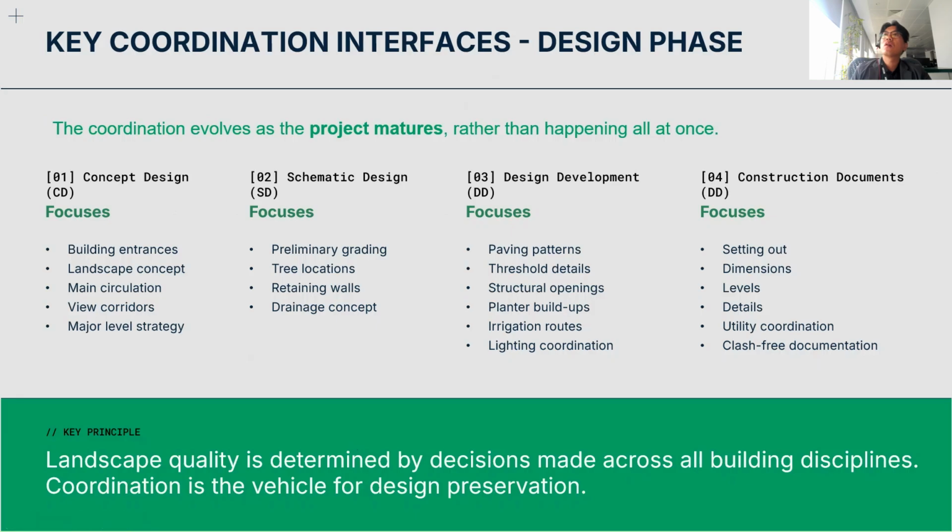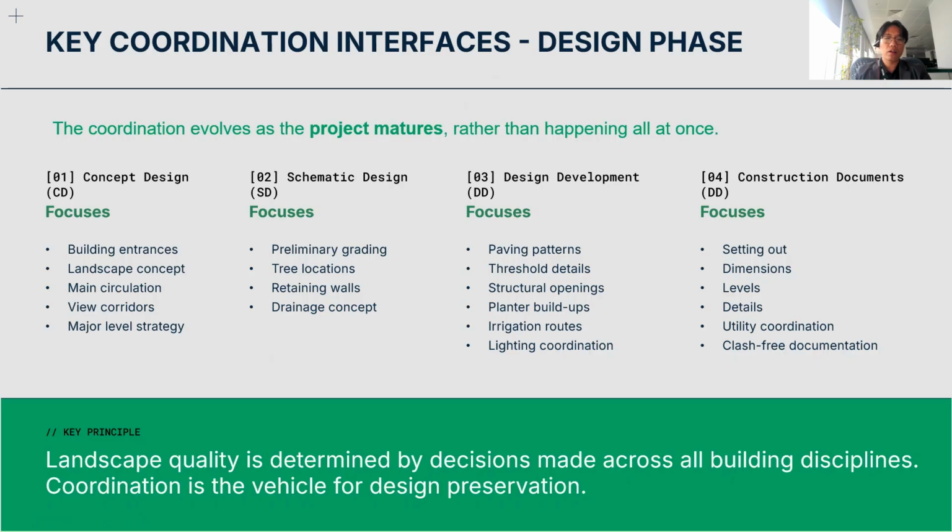As mentioned earlier, we first need to understand that the coordination interface depends on the design phase, because coordination does not happen all at once. Coordination evolves as the project matures.